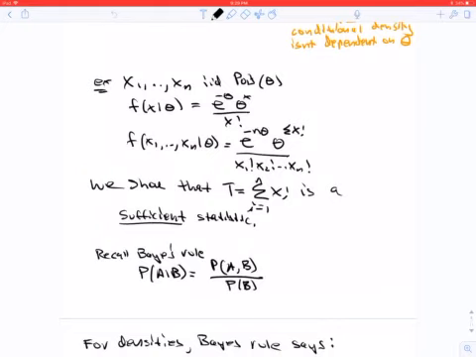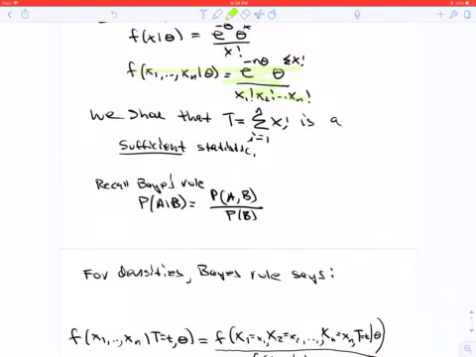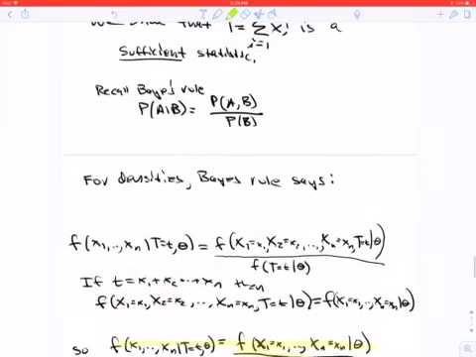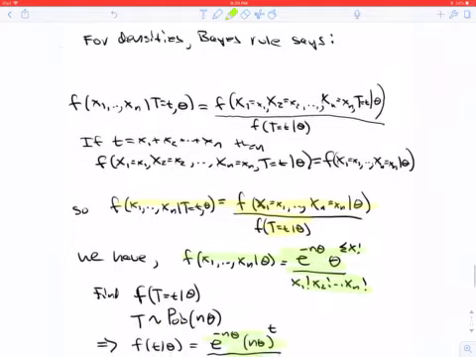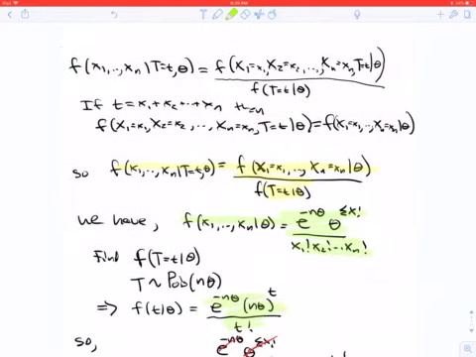So if we have x1 to xn IID Poisson(theta), here is the joint density. We're going to show that the sum of the xi is a sufficient statistic. We're going to use Bayes' rule, and here's essentially Bayes' rule for densities.